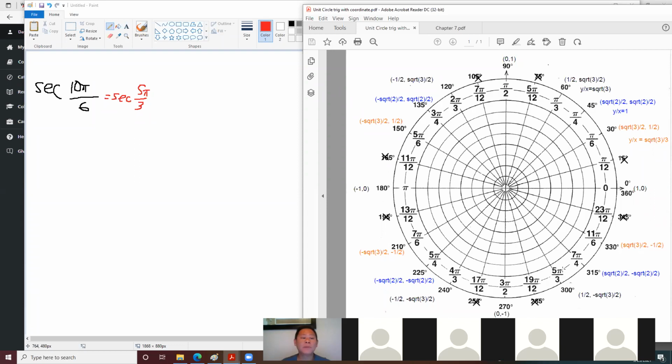Okay. Secant is the reciprocal of cosine, right? So can someone tell me what is cosine 5 pi over 3? Cosine is your x or your y value? X value.